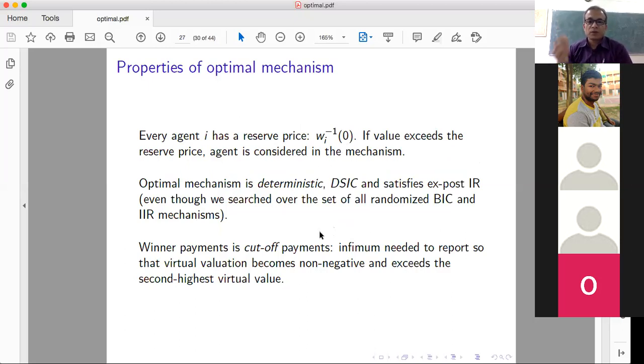And if your value is less than this reserve price, you don't participate. Among all the participating agents, we look at them and choose the one who has the highest non-negative virtual value. And the winner makes this cutoff payment, which is the infimum type needed to report so that virtual valuation becomes non-negative and exceeds the second highest virtual value.